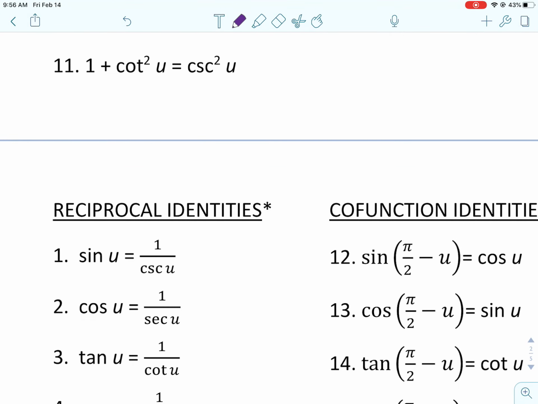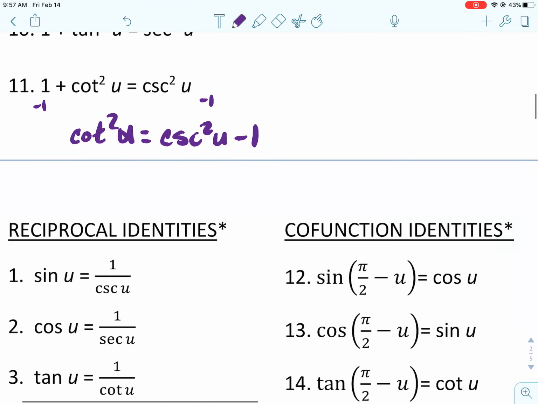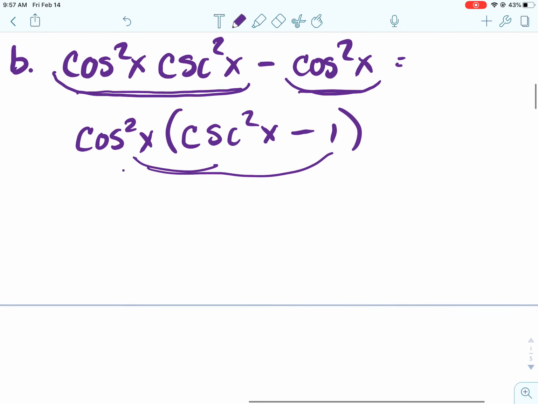But the way 11 is written right now, we can't use it. But if I move that 1 over, so anytime we have cosecant squared of a variable minus 1, we can replace that with cotangent squared of that variable. So that's what we'll do.